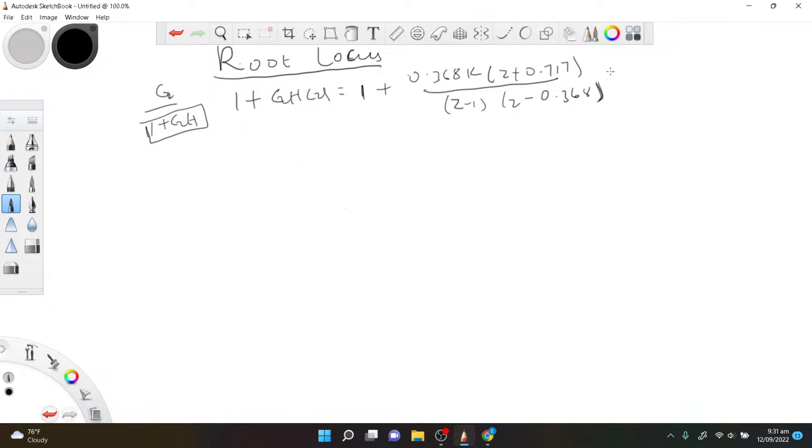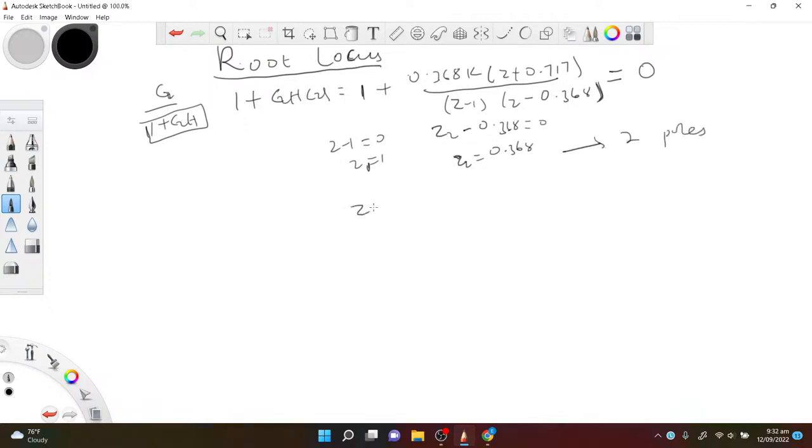You know you're supposed to equate your characteristic equation to 0. So from here you find poles and zeros. Your poles come from equating the denominator to 0. So z minus 1 equals 0, z equals 1, first pole. z minus 0.368 equals 0, second pole is 0.368. You have two poles.